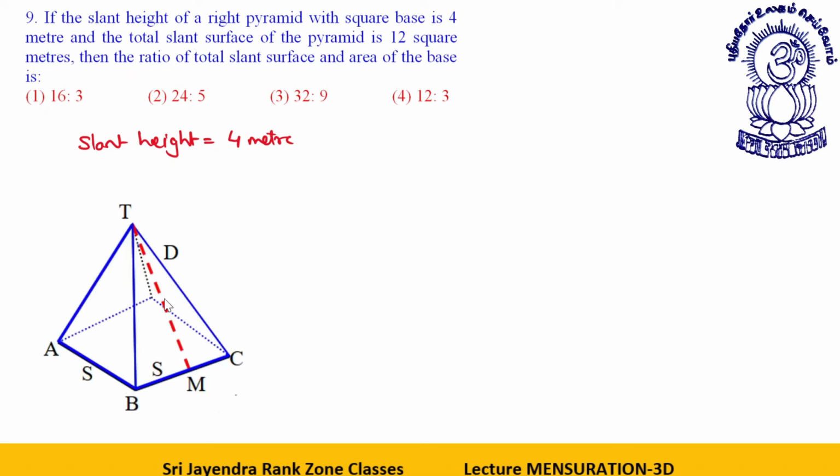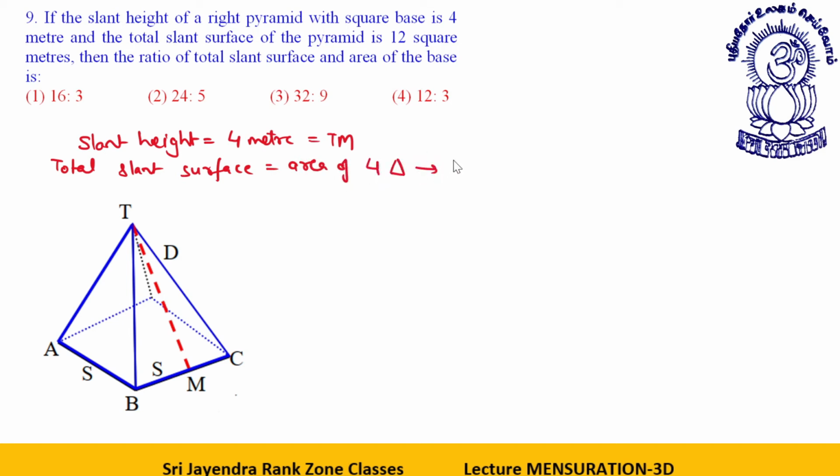Now, dear students, first of all, this red line TM is the slant height. And what is total slant surface? Total slant surface will be actually the area of 4 triangles.